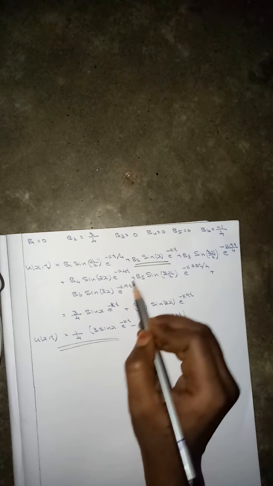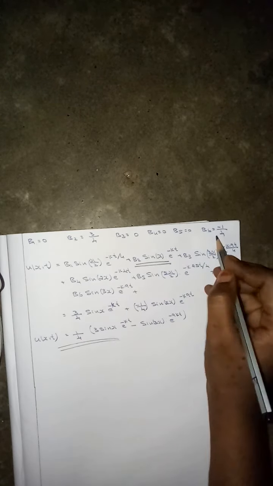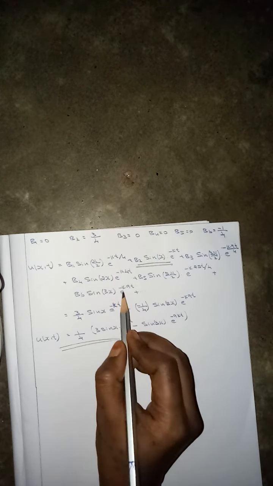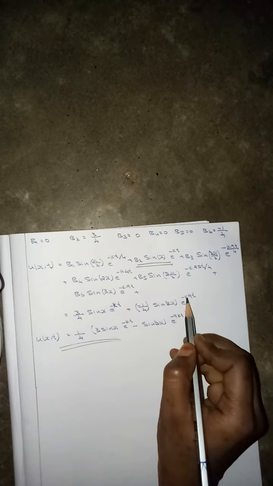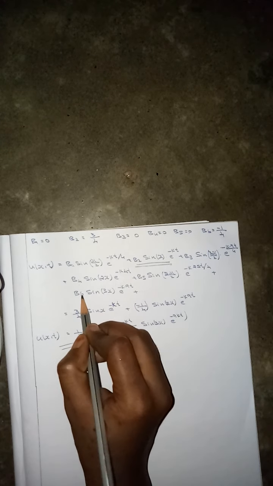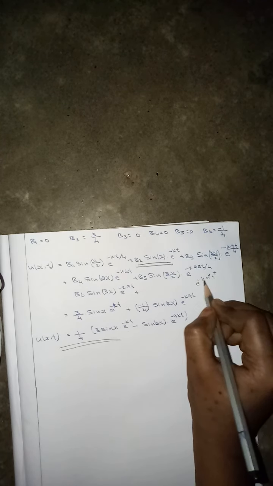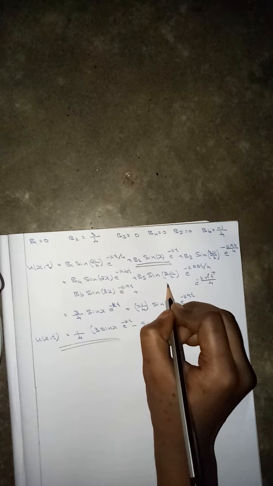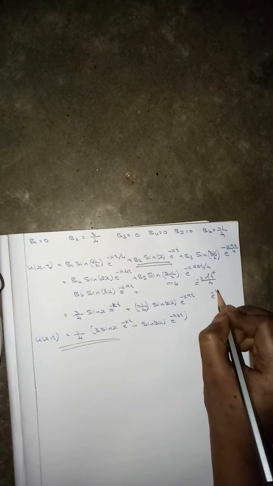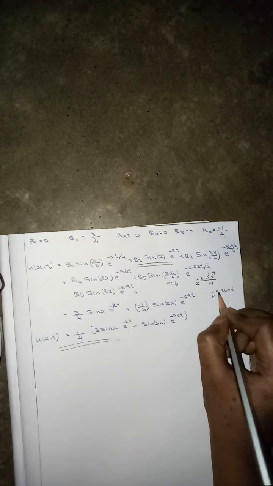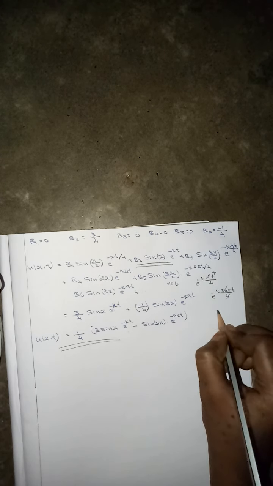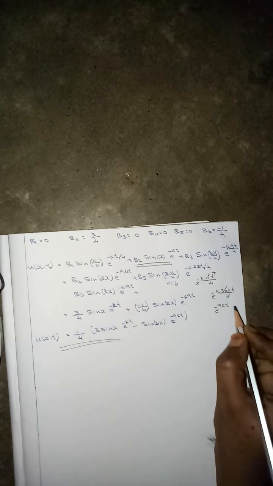Plus b3 is 0, b4 is 0, b5 also 0, b6 value we got minus 1 by 4, so minus 1 by 4 into sin 3x e power minus k n square t by 4. Here n is equal to 6. So e power minus k into 36 into t divided by 4. Cancelling out, we get e power minus 9kt.